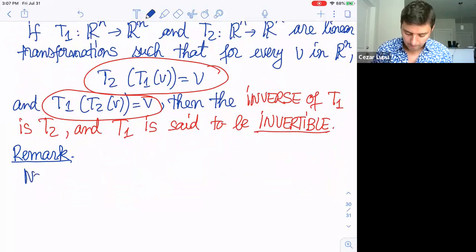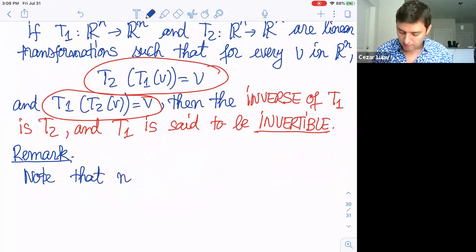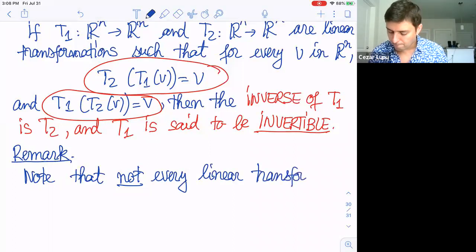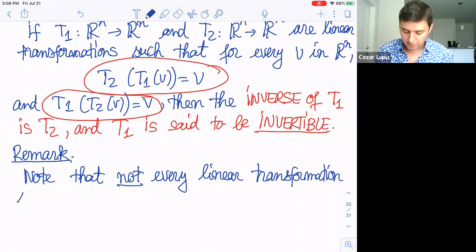Note that not every linear transformation has an inverse.